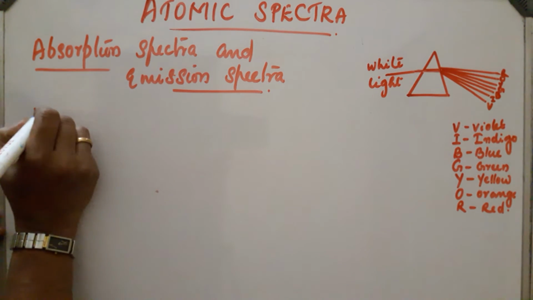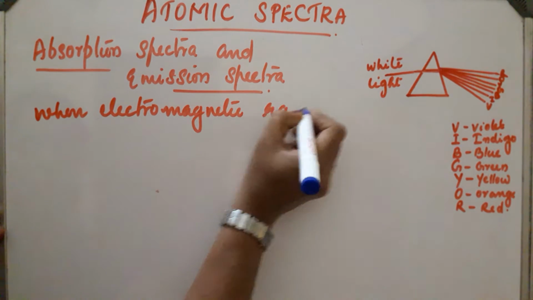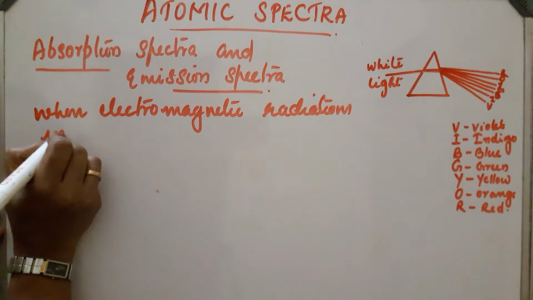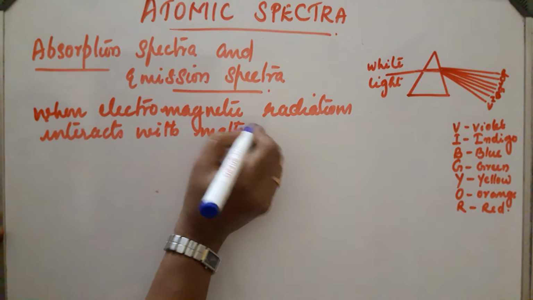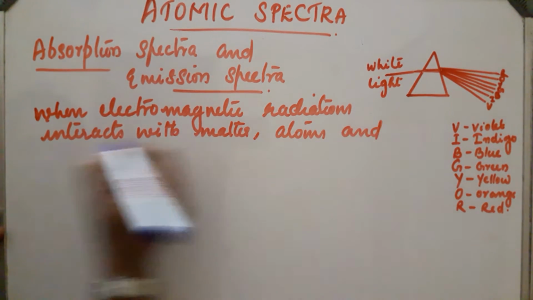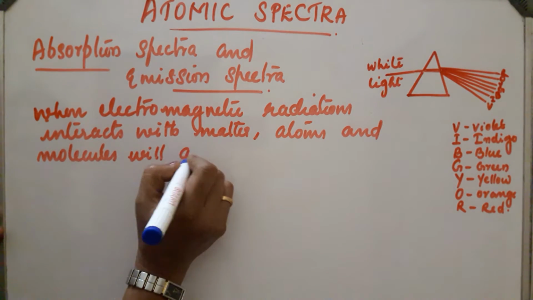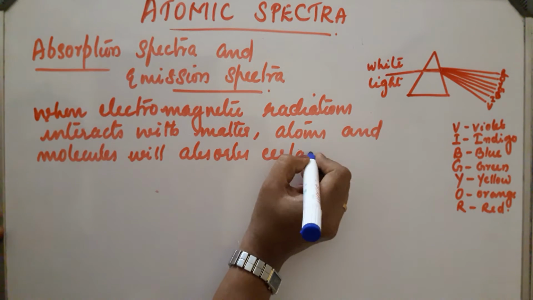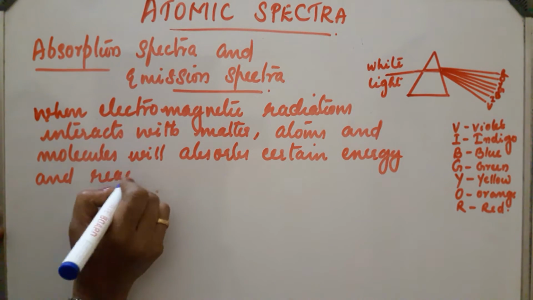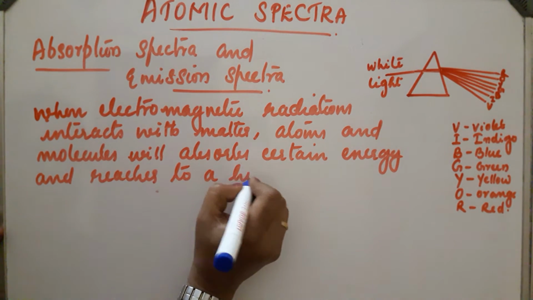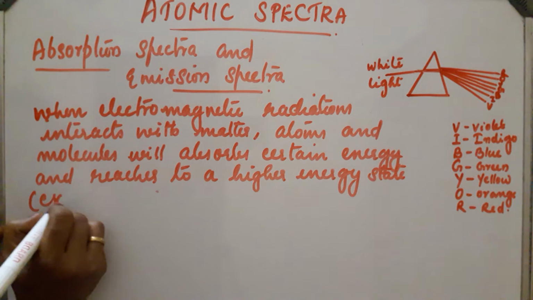So when electromagnetic radiations interact with matter, atoms and molecules present in the matter will absorb certain energy and reach a higher energy state, called the excited state.